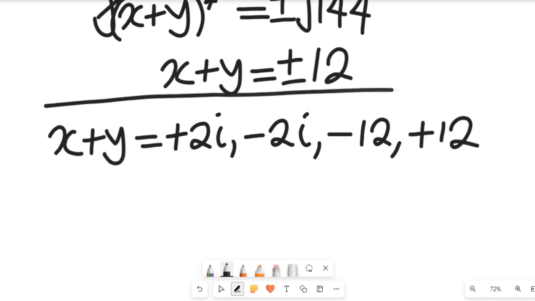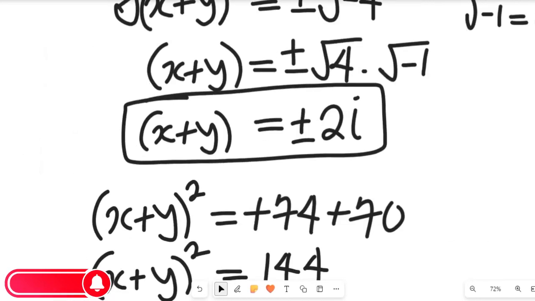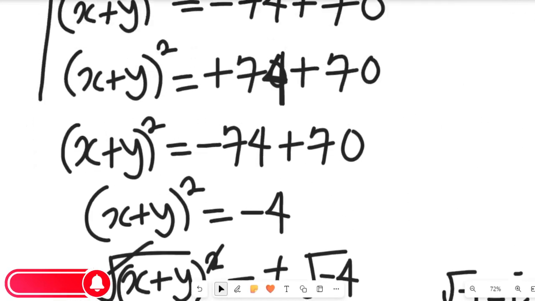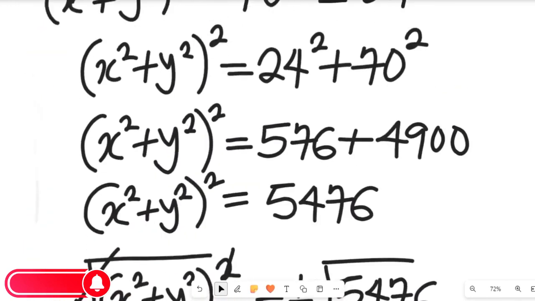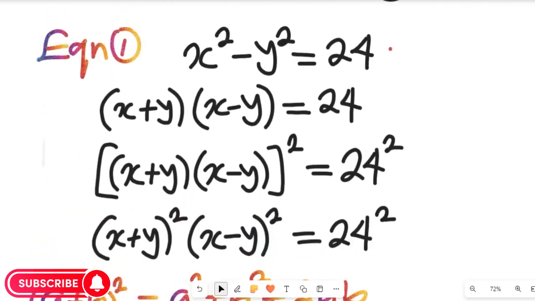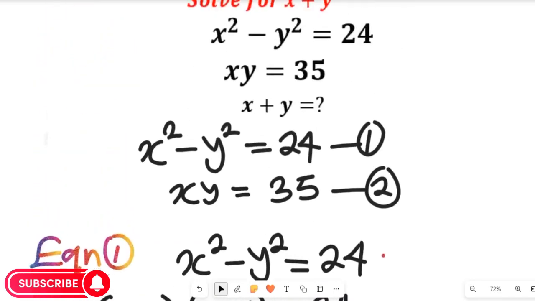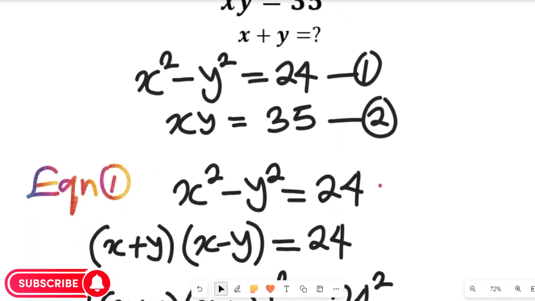These are the four solutions for the value of x plus y that we are asked to look for. From that expression, you can come to see that the value of x plus y is equal to plus or minus 2 imaginary and plus or minus 12.